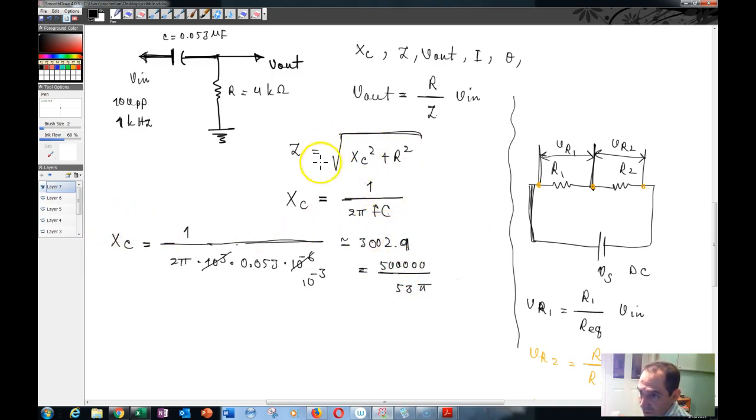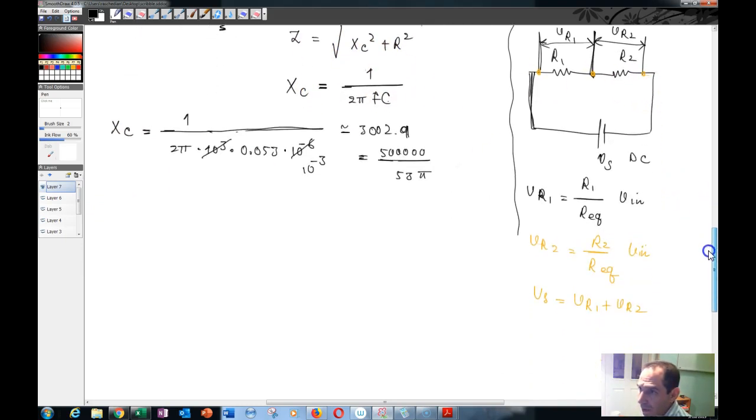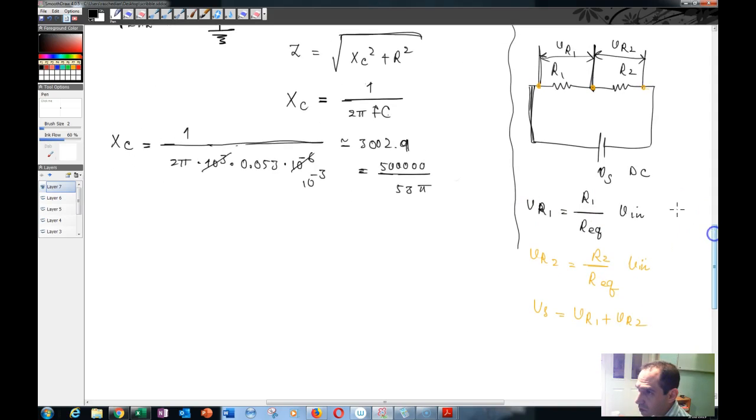Now, since you have calculated x of c, you can now calculate your z over here. So your z is equal to the square root of x of c squared plus r squared. So x of c was equal to this value, 500,000, or you can simply write this as 5 into 10 raised to the power 5 over 53 pi.